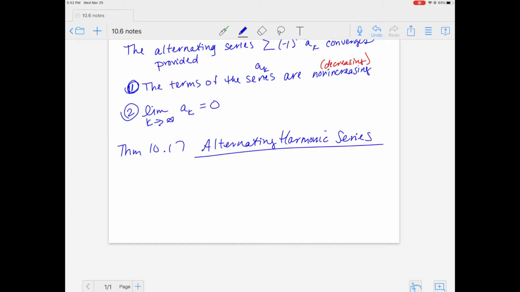So we know if we have something that's harmonic, that's where your p is equal to 1, and that diverges. However, the alternating harmonic series converges.